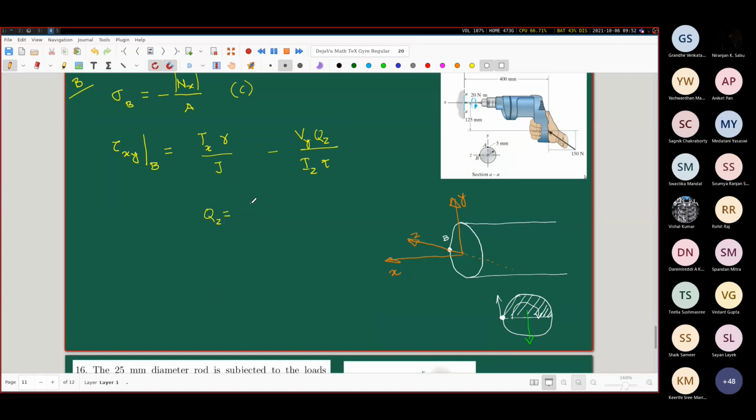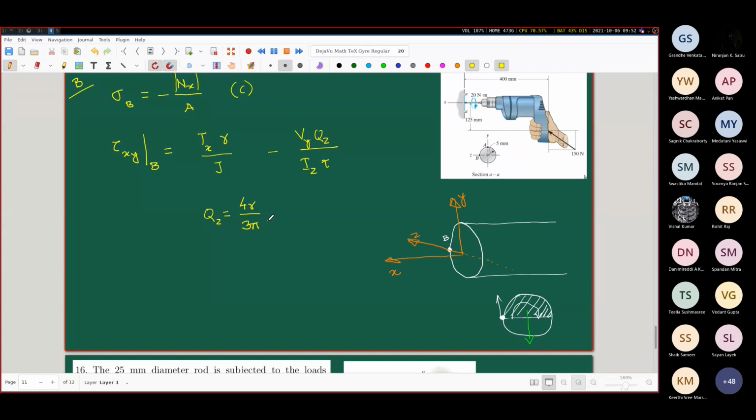Now QZ will be 4R by 3 pi. What is this 4R by 3 pi that I have written? So distance of center of mass from neutral axis. Not center of mass, say it properly.